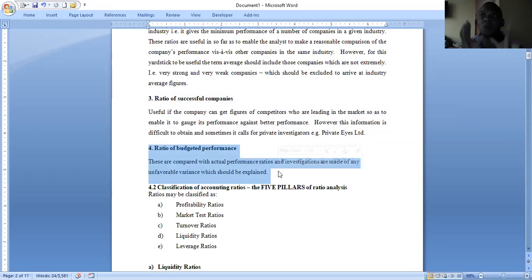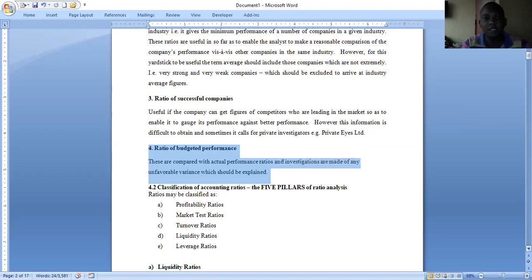So we need to set goals to achieve. After setting these goals, we need to assess our actual performance and compare this actual performance against the set goals. So ratios of budgeted performance can also be used as yardsticks of ratio analysis.